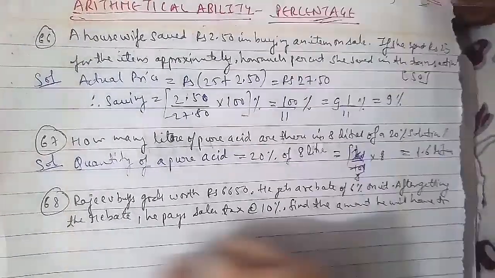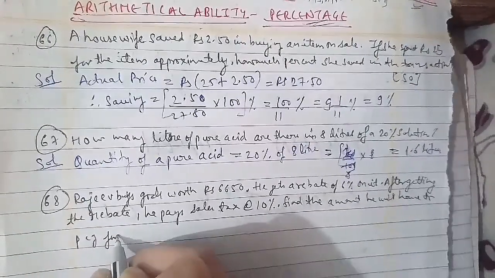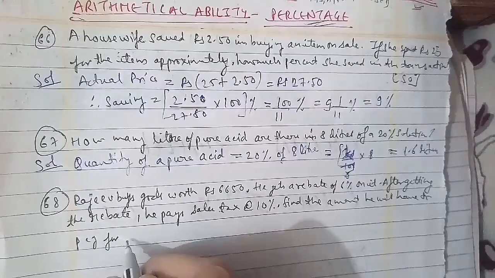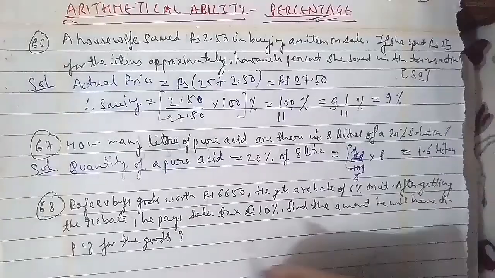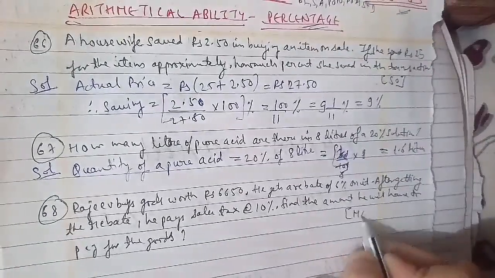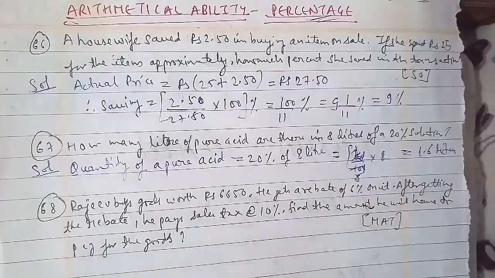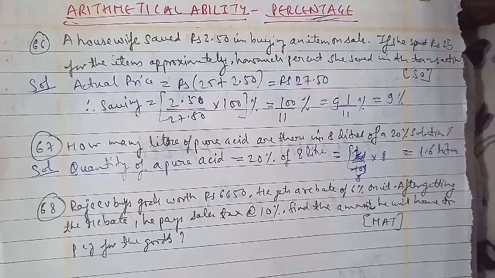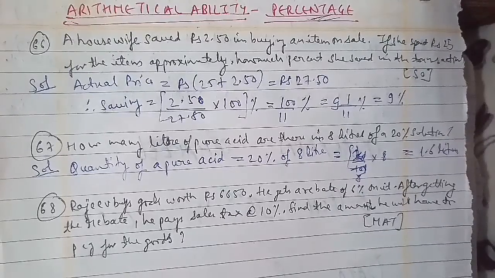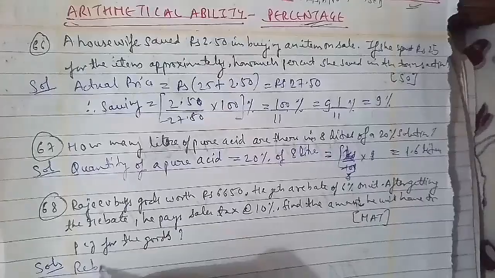The rebate equals 6% of rupees 6,650, which is rupees 6 upon 100 into 6,650, equals rupees 399. This has been asked in the math examination paper as well.